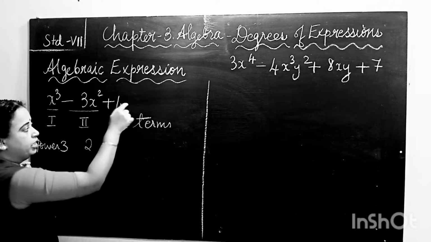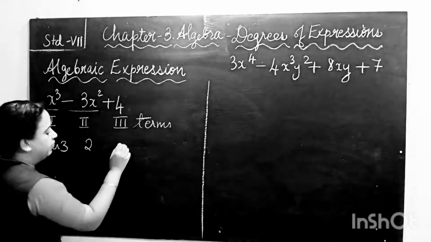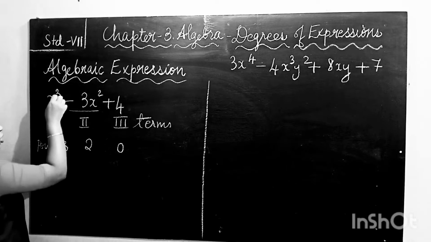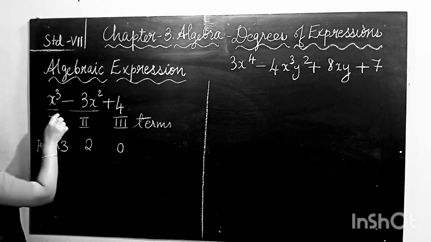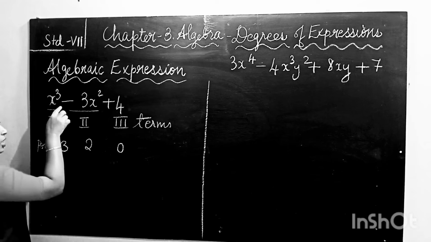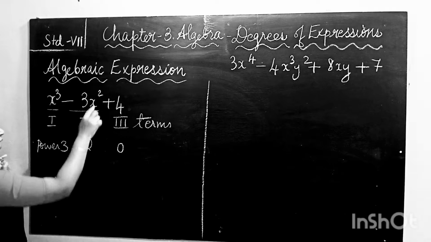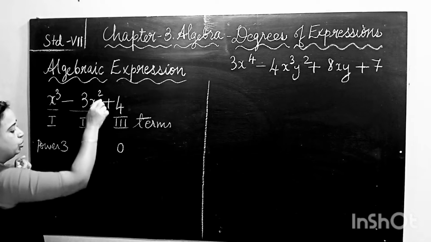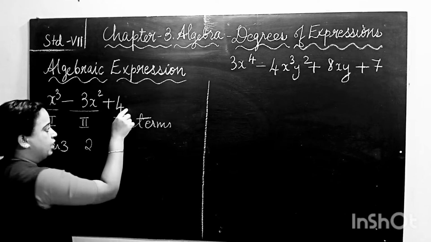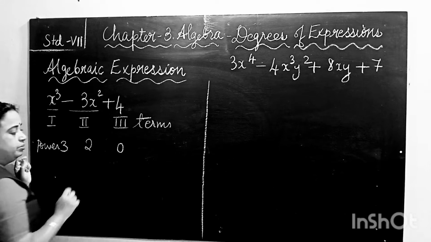There is no variable here, so it is a constant, and the power is 0. So in the first term the x variable has power 3, in the second term the x variable has power 2, and in the third term there is no variable, so it is a constant and the power is 0.